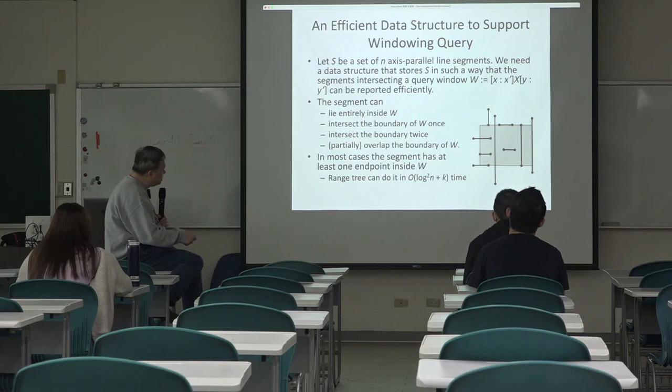This segment intersects the boundary of the window once. Actually, it also includes this one, because the intersection is here. Or like this one, it intersects with the boundary of the window once.